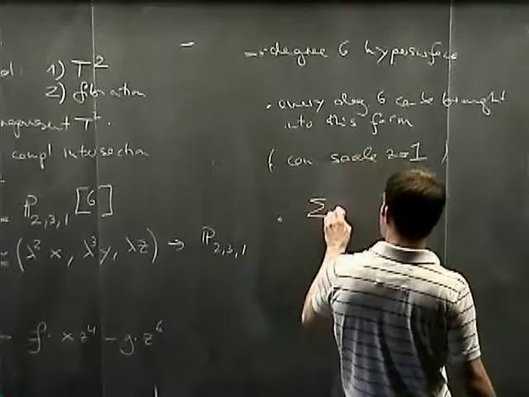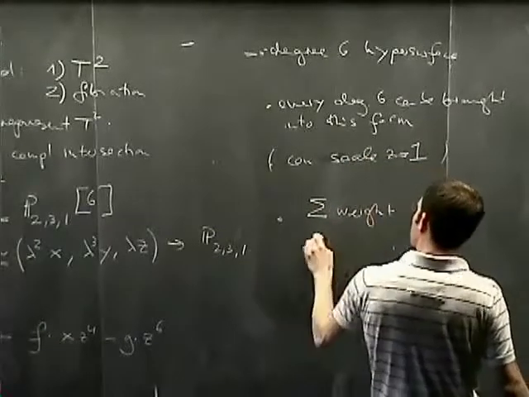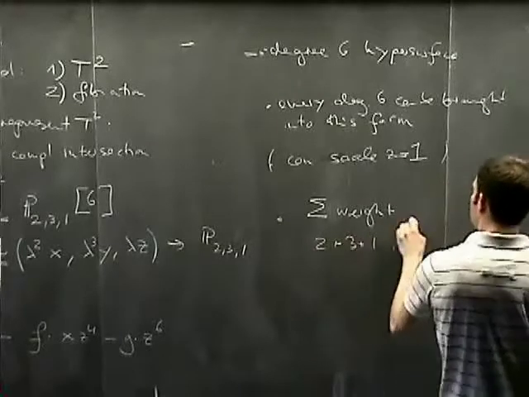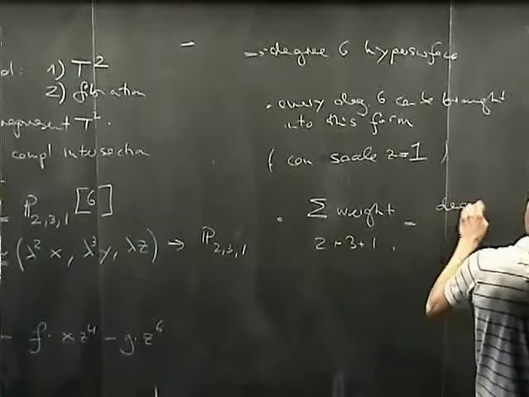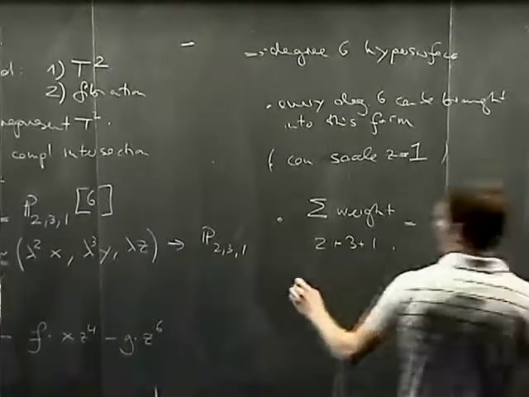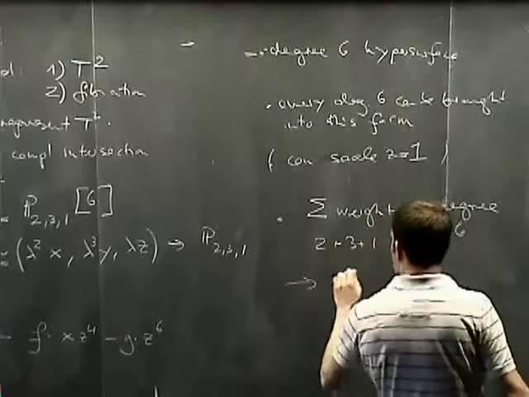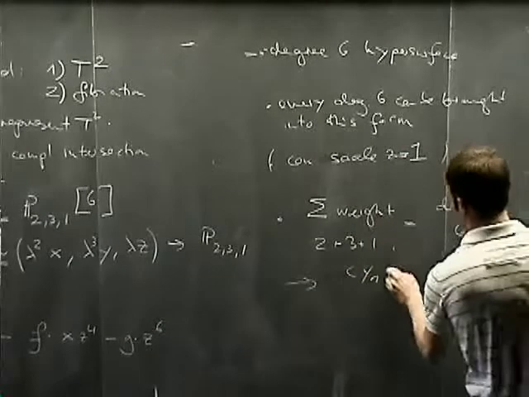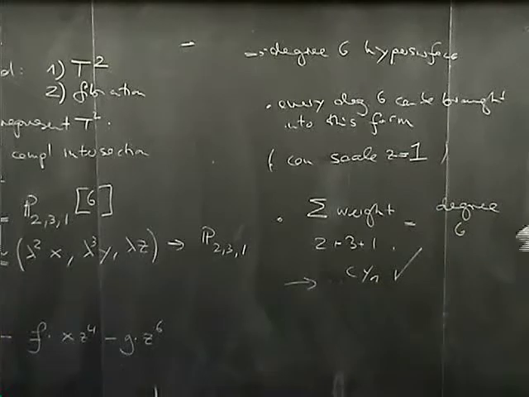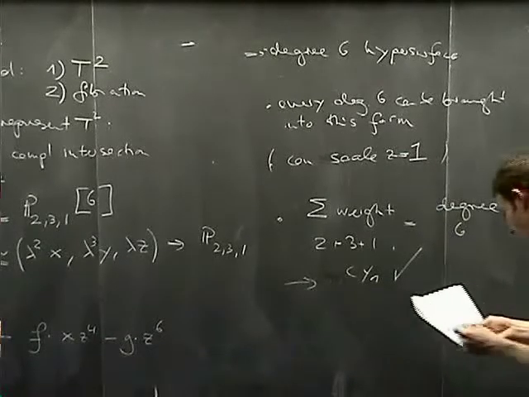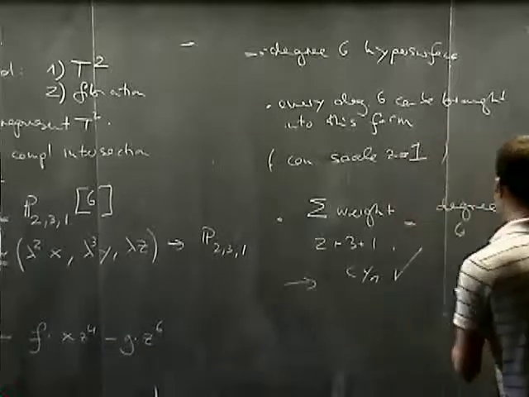So the sum of the weights, 2 plus 3 plus 1, equals the degree 6. So we have a Calabi-Yau 1, which is a torus, so to speak. But there are better ways to make this more intuitive, but I don't want to discuss them here.